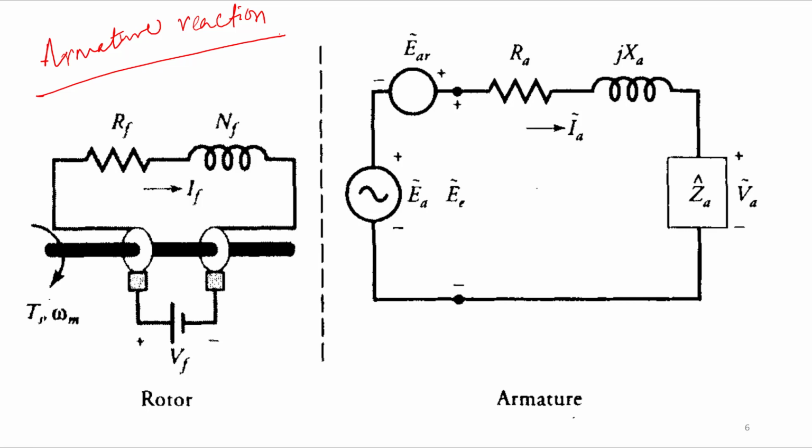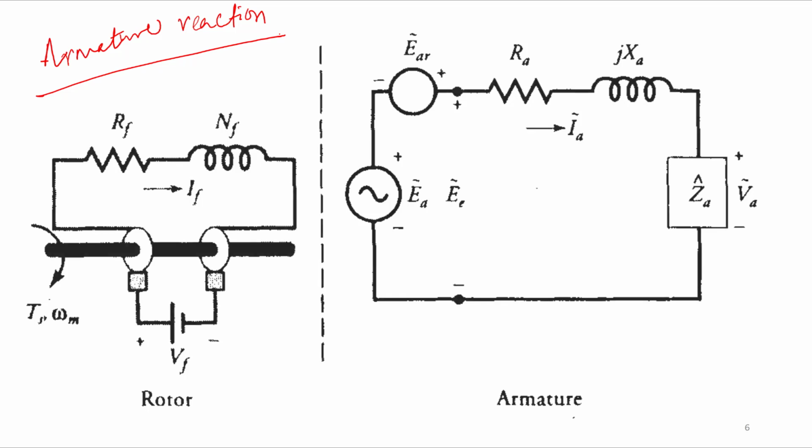So for the flux produced by the armature reaction, we can have an equivalent EMF, and if we subtract that from the net EMF, of course by vector subtraction, not magnitude subtraction, then we'll get the effective voltage, right?